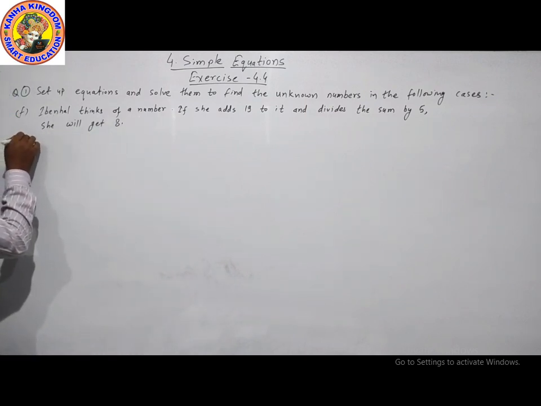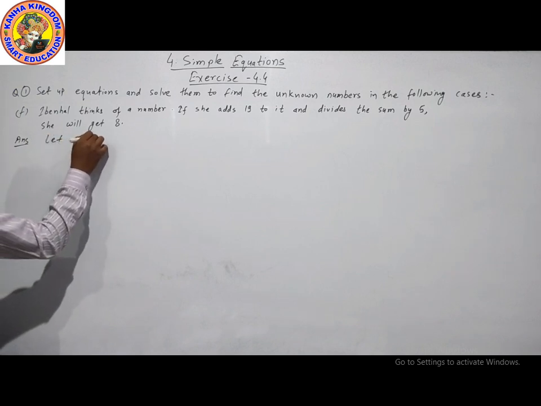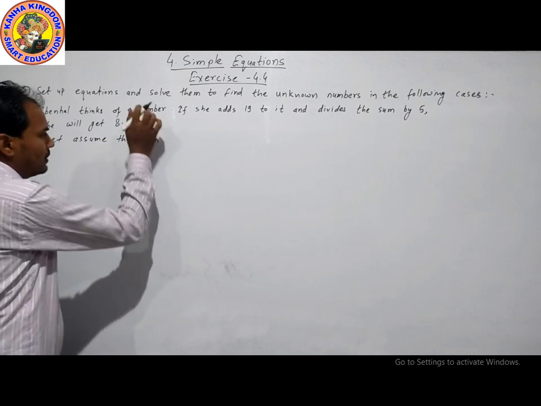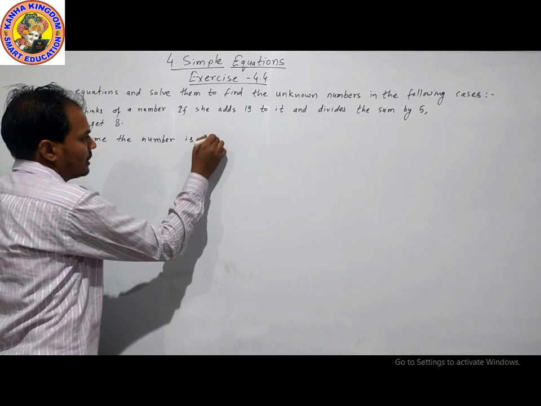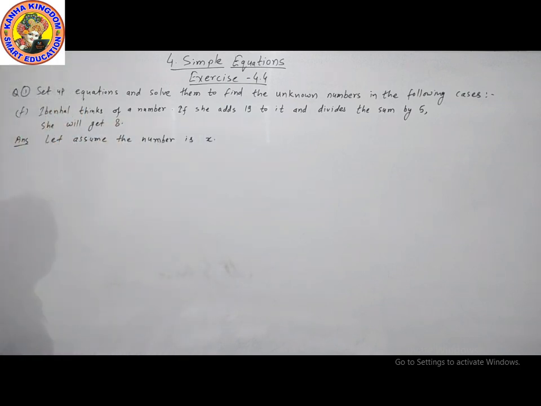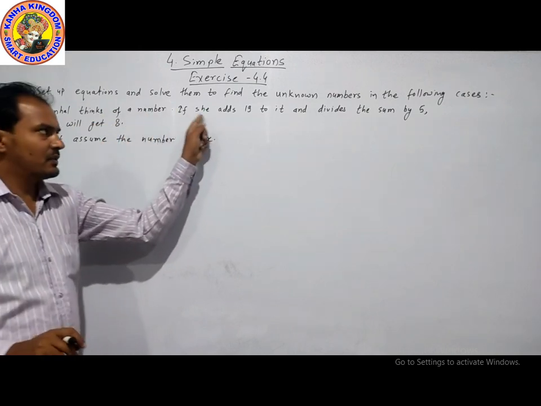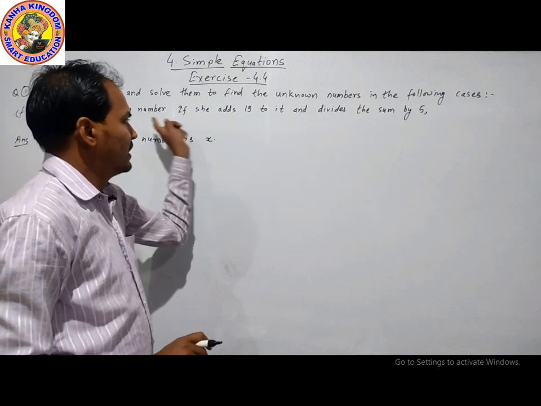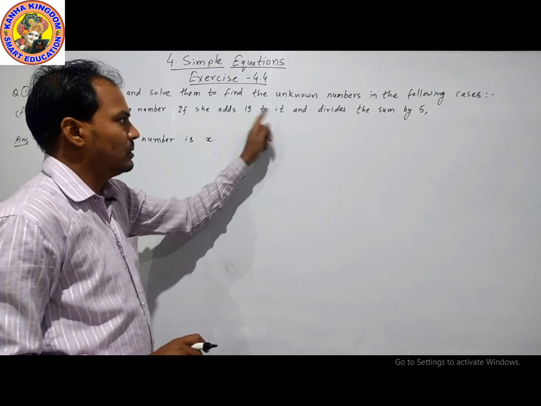Let's assume the number is x. Our unknown number is x. Ebenhal thinks of x. If she adds 19 to it, the number is x, so she will add 19 to x.